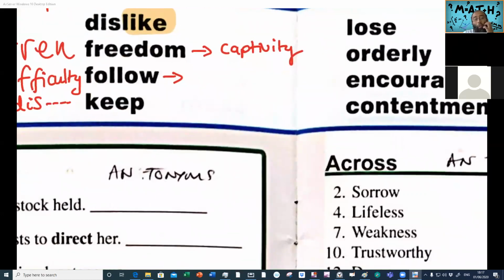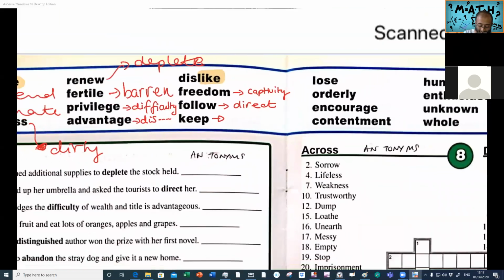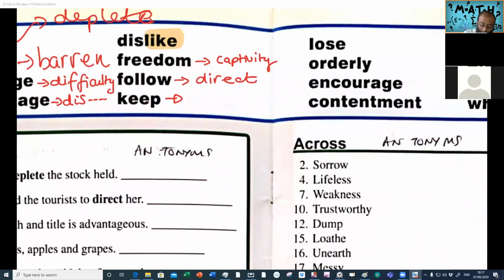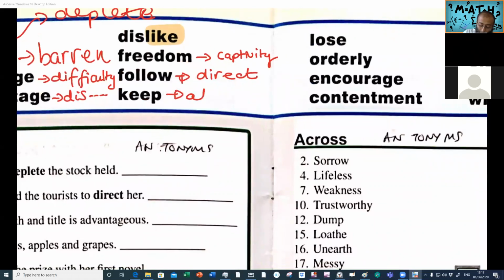The opposite of follow is to give directions, to be able to tell people where to go, to direct. What's the opposite of keep? Like we're going to keep this puppy, but we're not going to abandon it. The word abandon means to leave it somewhere.